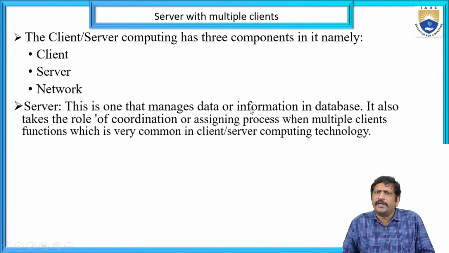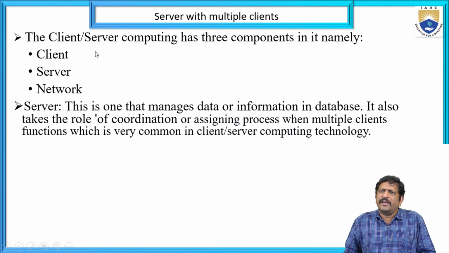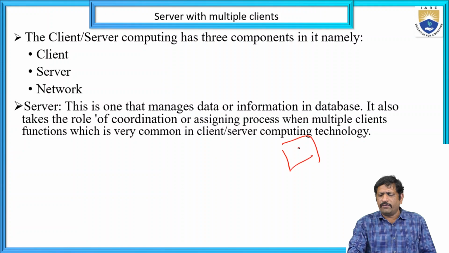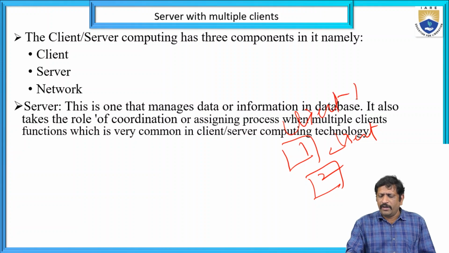For example, the best example is railway reservation. There are a number of workstations that can be arranged in different cities. Hyderabad has one workstation, Bangalore has one workstation, Chennai has another workstation. Each of these workstations is a client: client 1, client 2, client 3.